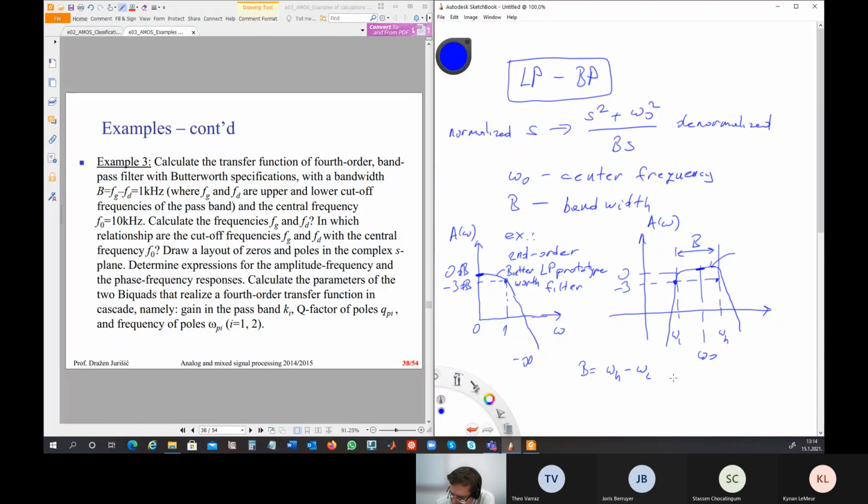Also, what is important to notice as a consequence of this low pass to band pass transformation is that omega 0 is the geometrical mean of omega L times omega high. So this is band pass and this is low pass. Okay.